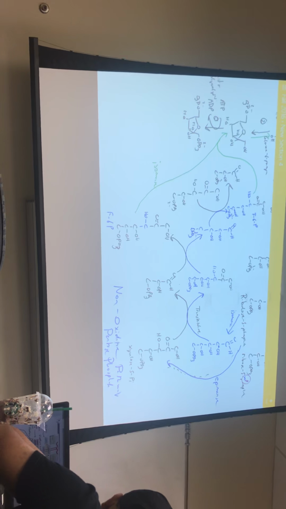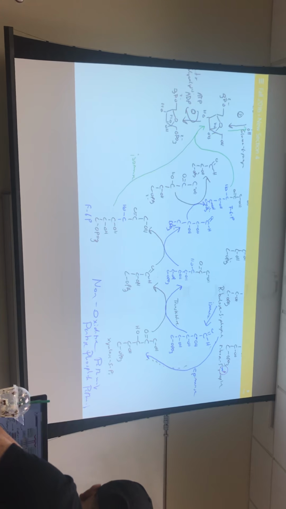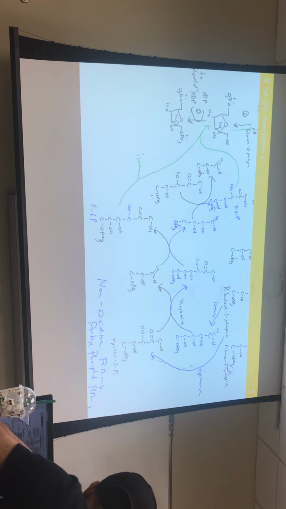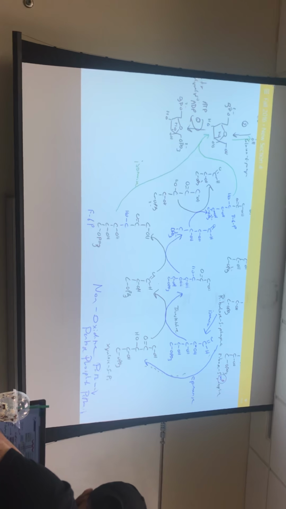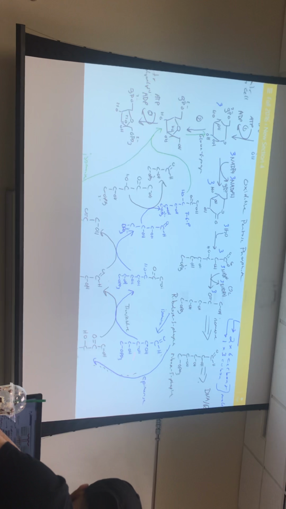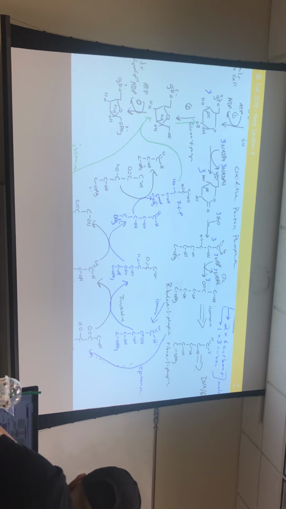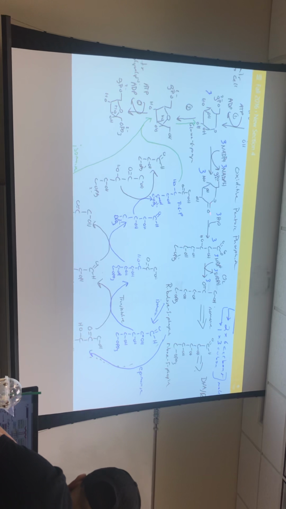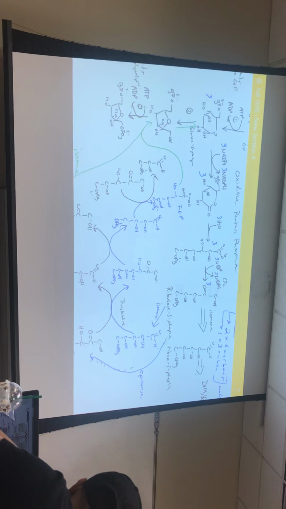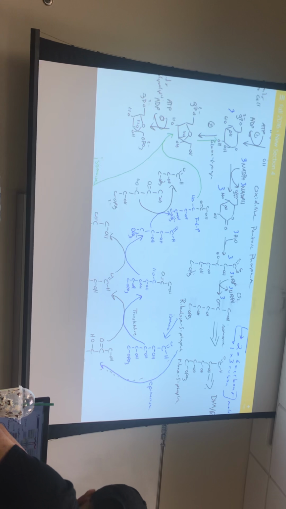And the purpose is to recycle those 5 carbon sugars back into 6 carbon sugars that can be either used for glycolysis, or you can continue to run them back up this way and continue the cycle through, so that you can continually get these NADPHs. Does that make sense? Can you all see it? Are you overwhelmed? It's okay.